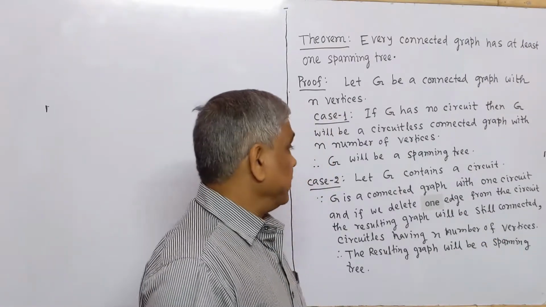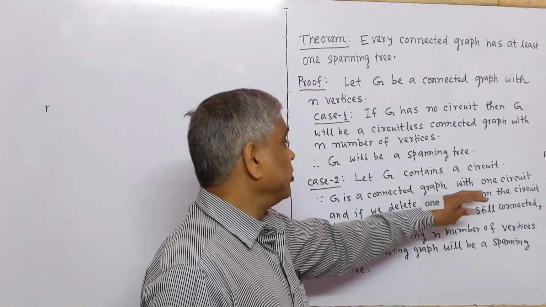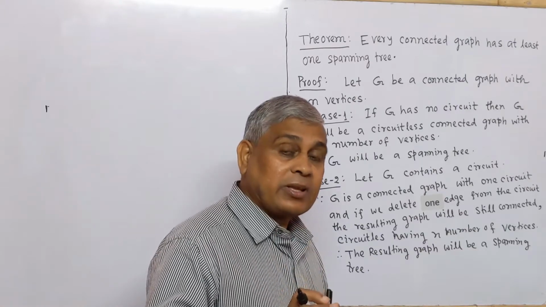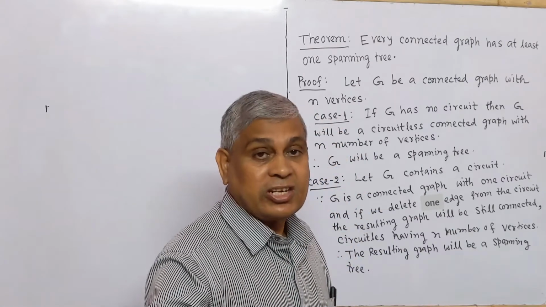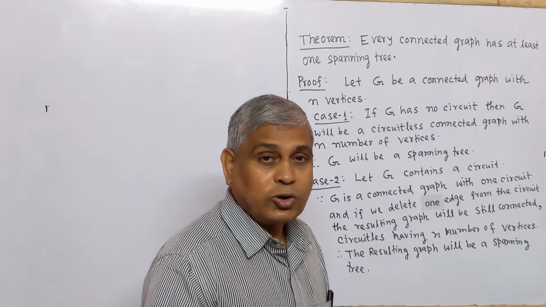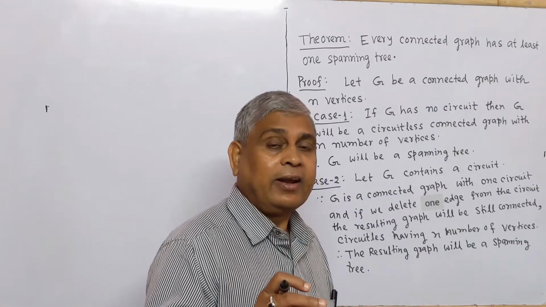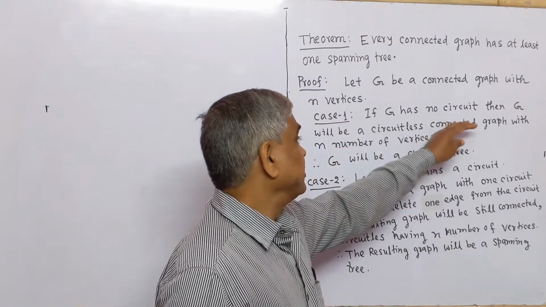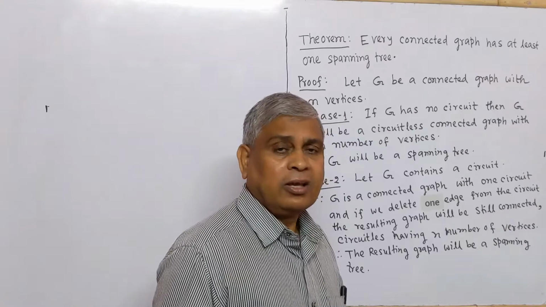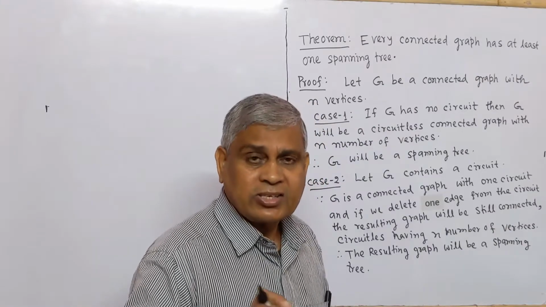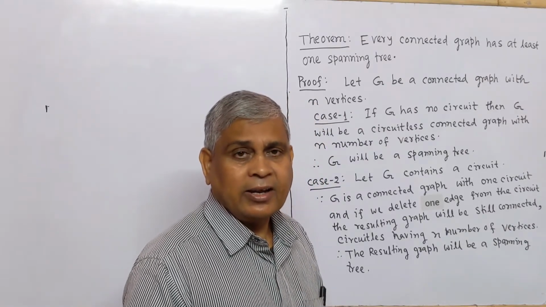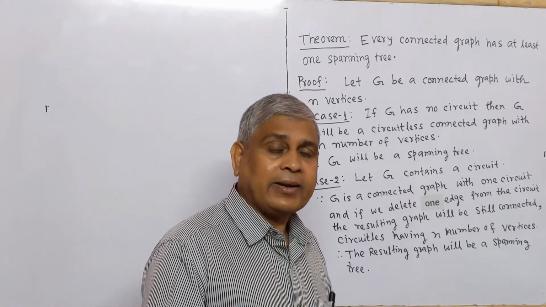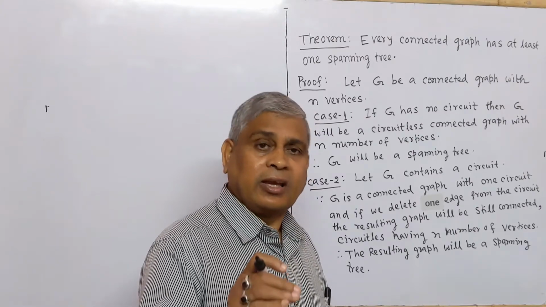Since when we delete one edge from the circuit, the graph remains still connected, and also it will contain same number of vertices as the graph G. So no vertex is deleted, and the resulting graph will be a connected circuitless graph.